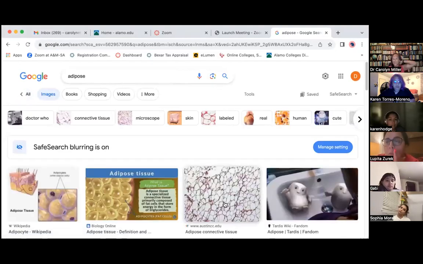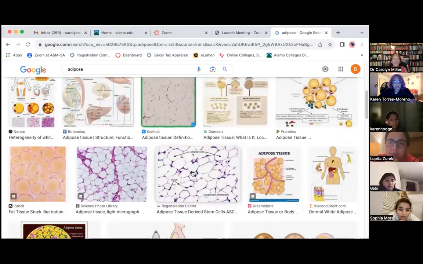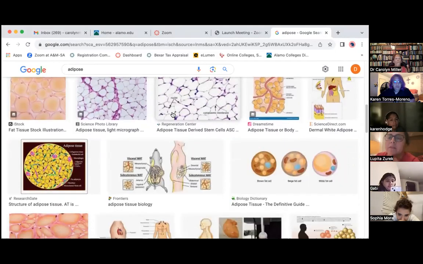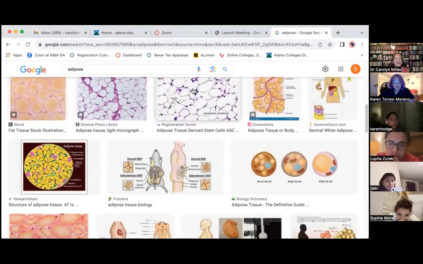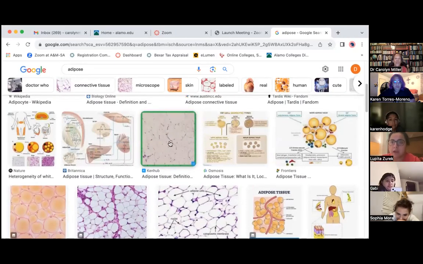You can tell they're the big vacuoles, so you can tell that this is connective tissue. This one is closer to ours, but if I gave you that one, it's connective tissue. I'm sorry, don't tell me connective tissue, tell me specifically adipose connective tissue. If I were to use this one, you see a lot of vacuoles.